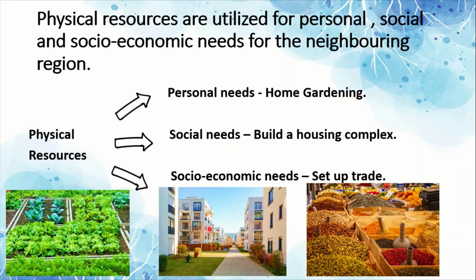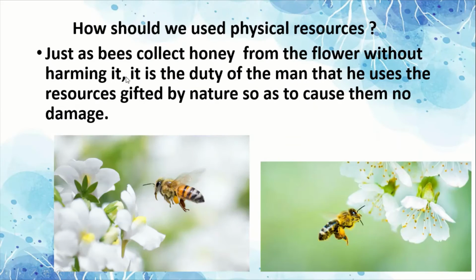Then we can see a housing complex, and this one is a place of trade. Up to now we learned that we use physical resources to fulfill our various needs. Some of them are personal needs and some are social or socio-economic needs.